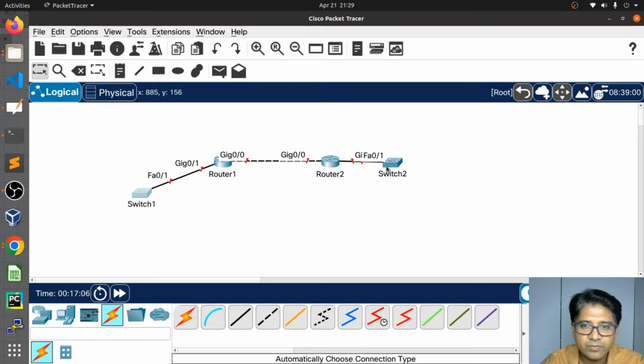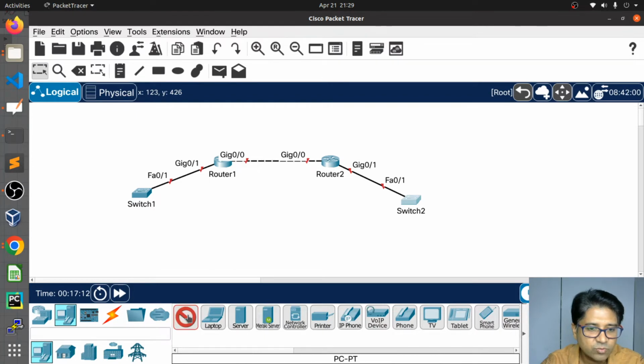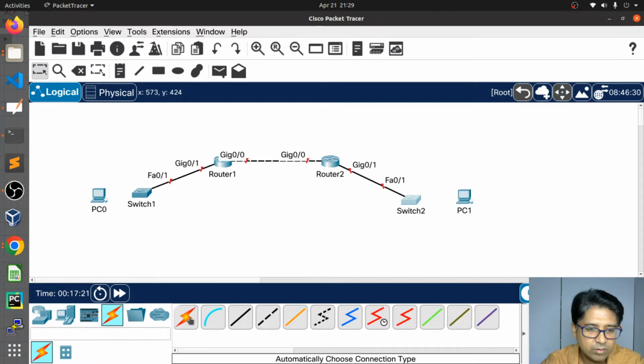So this is my lab ready, and I'm going to connect one PC just for testing purposes. Connect the wire. My lab is ready.